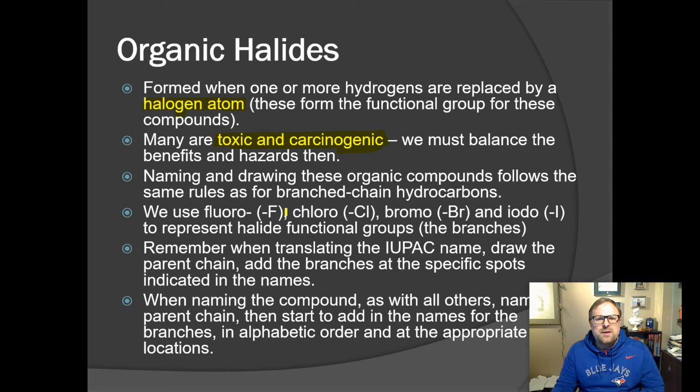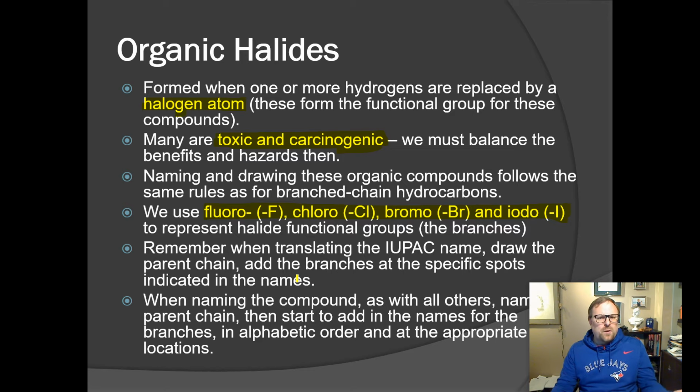Naming and drawing these compounds is very simple at this point, because we're going to use a branch for each one of the chloros, fluoros, bromos, or iodos that we're creating. We're going to consider each of these a branch on that compound.